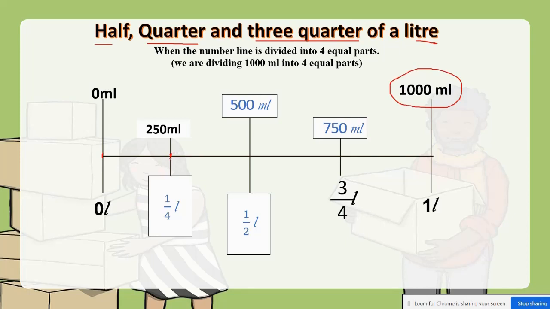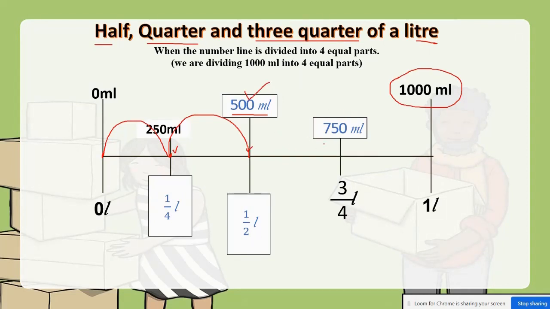Now, from this point to this point, again it is 250 ml. But here it is written 500 ml. Why? Because when we are counting for this 500 ml, we don't count from this point to this point. We count from the start of the number line. So it's 250 ml plus 250 ml, which gives us 500 ml.